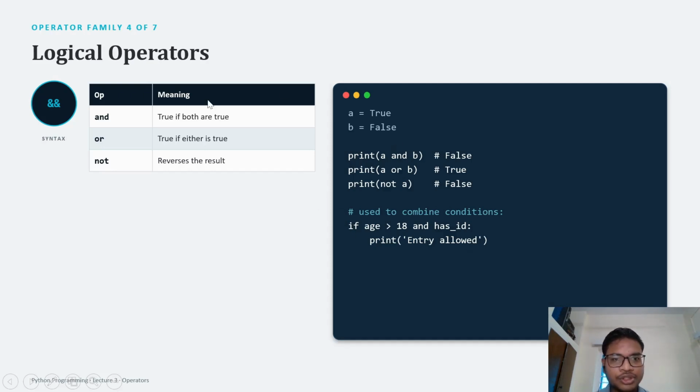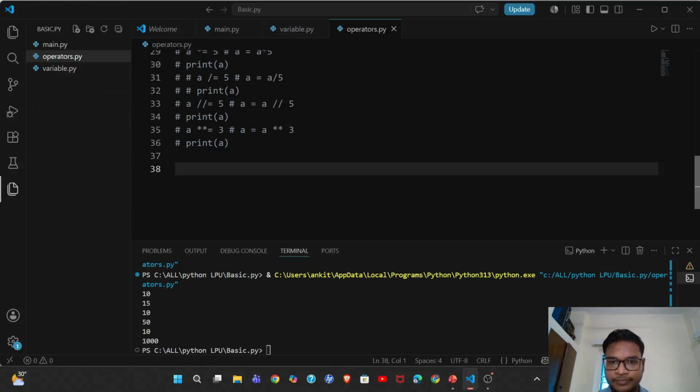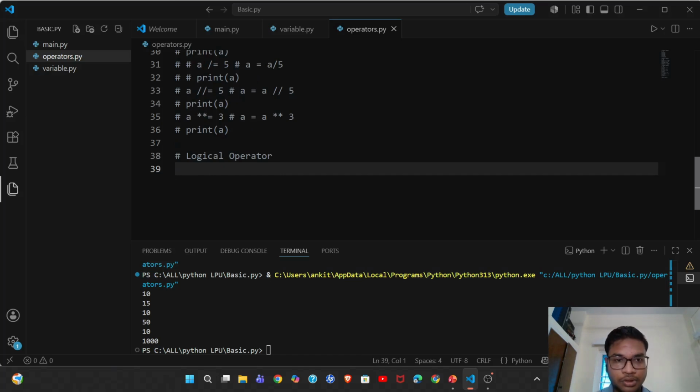So currently we have just dealt with the logical operator, all these three types of operator. So let's deal with it in a practical way. Logical operator.